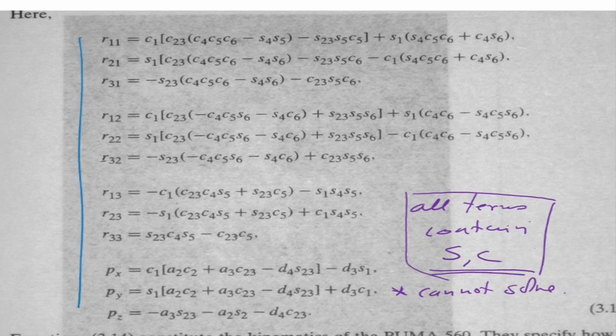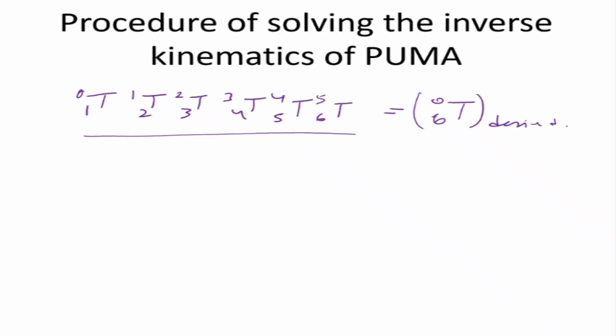However, Piper is the one who actually found the solution. He found that if you multiply in a particular way, say for example, you multiply these two, and then this, and then this. If you multiply T1 to 6, then you get one term Py which does not have sine cos terms.